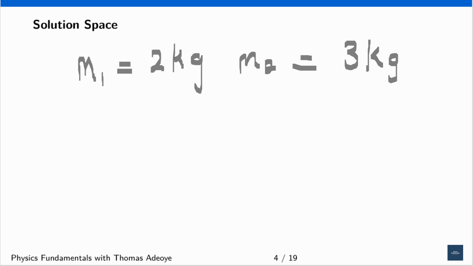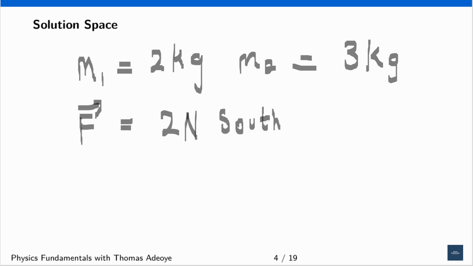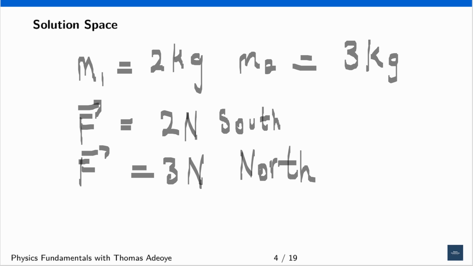But if you have a force of, let's say, 2 Newton south, and you have a force of 3 Newton north, and they ask you what is the sum of these two forces, or better still, the resultant sum or the vector sum of these two forces, and you are thinking it is 5, no, you are wrong.